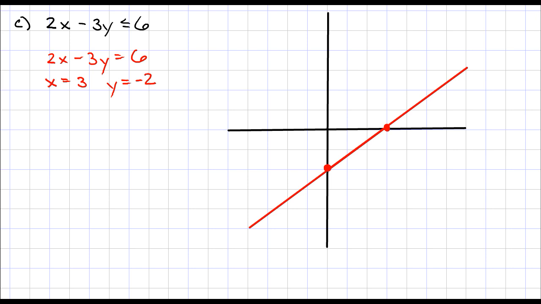Then I need to check the origin to see if it satisfies the inequality. Especially after you get a little bit of practice with this, you can definitely just glance at the initial inequality and easily check to see if the origin satisfies it. If I plug 0 into this side, I'm going to get 0. 0 is less than or equal to 6, so it does work out. I do want to include the origin. So I need to shade the side of the line that contains the origin.